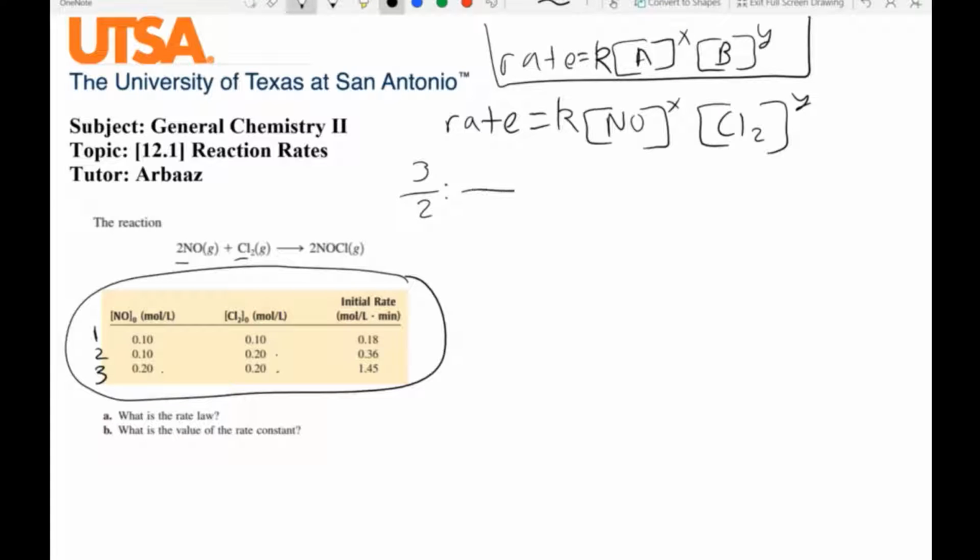And so here you'll have a fraction, and on the numerator and denominator of the fraction, you're going to have the rate law for each condition.